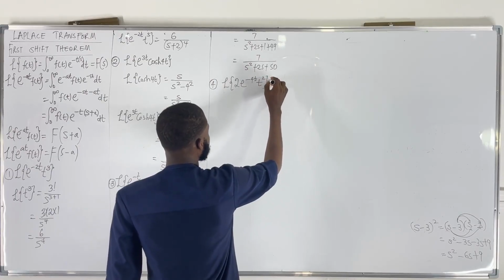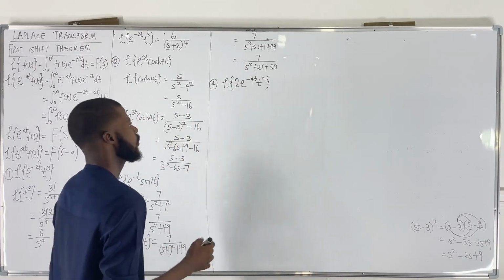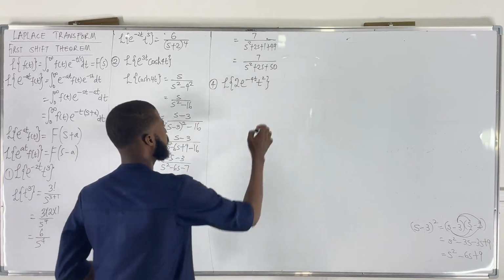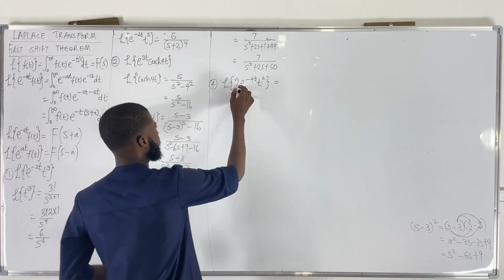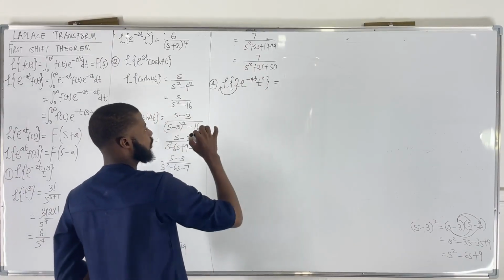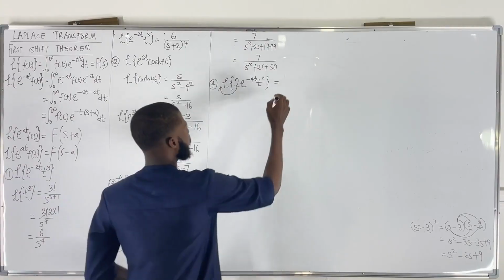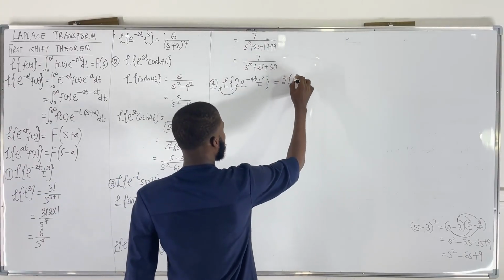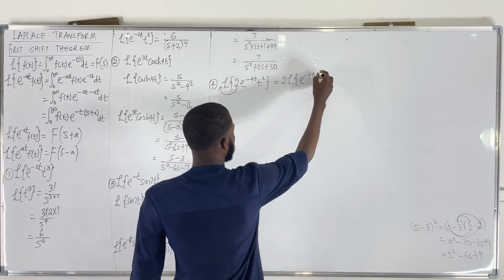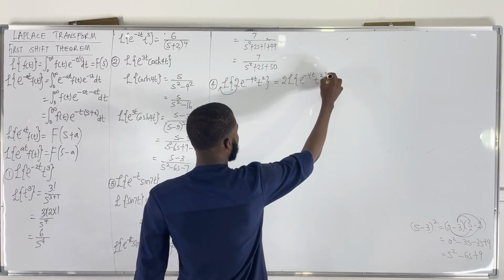Okay, I think that's better. So we're going to be doing this. So first things first, I need you to remember that you can rewrite this as the 2 coming to the front because the 2 is a constant multiple. So this will be 2 Laplace transform of e to the negative 4t t squared.